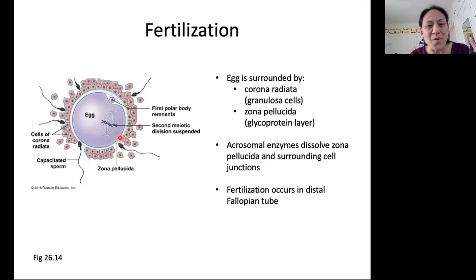And one last thing I want to say about this: in one ejaculation from a male, usually about 200 million sperm are deposited into the female, but only about 100 sperm make it to the egg. So the rest of them get lost along the way.